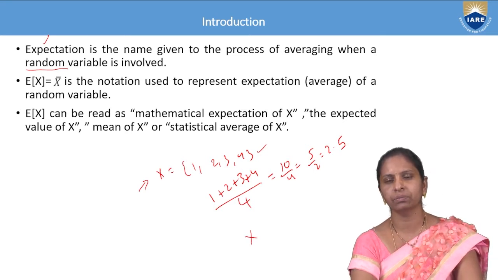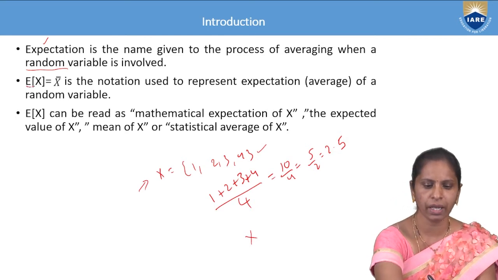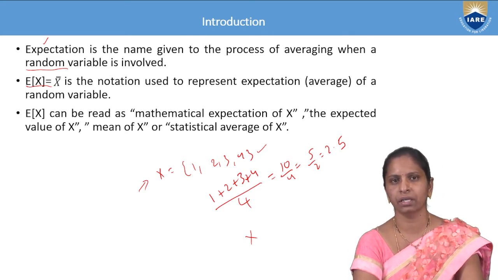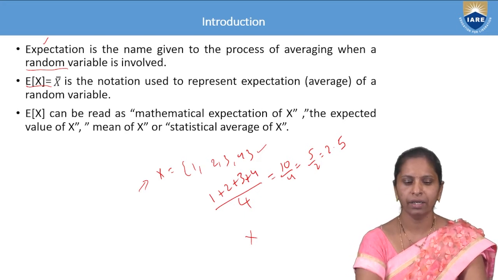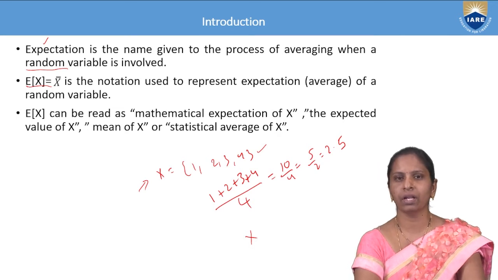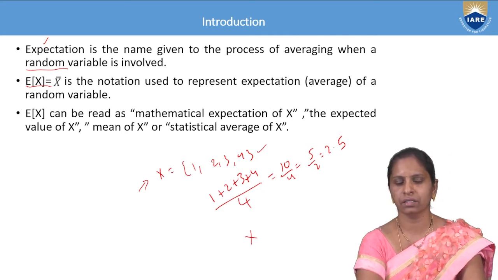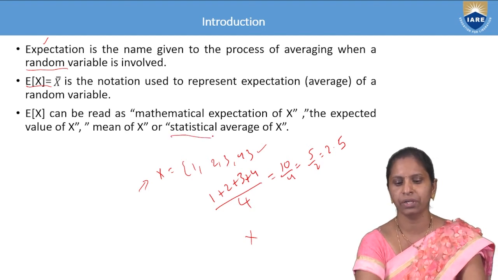So the expectation of any random variable x can be represented by E of x, and E of x can be represented by x bar. So this is the usual notation to represent the expectation of a random variable x. And you can call E of x in different ways, like it is called as the mathematical expectation of x, or else it is called as the expected value of x, or else you'll call it as mean of x, or it is called as statistical average of x.